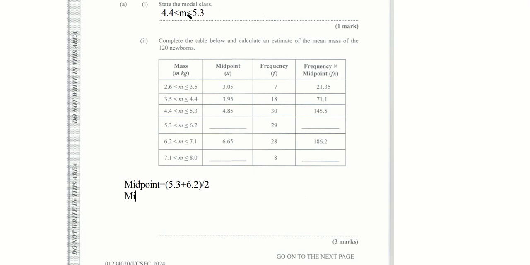So your midpoint would be equal to 11.5 divided by 2. 2 could go into 11 5 times, remainder 1. 2 could go into 15 7 times, remainder 1. 2 could go into 10 5 times, so 5.75. So that would be your value here.